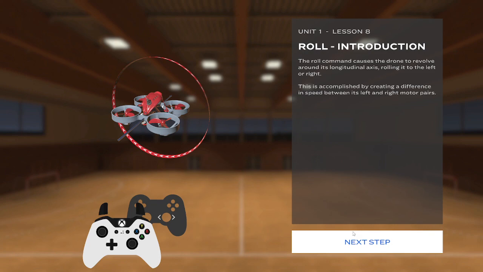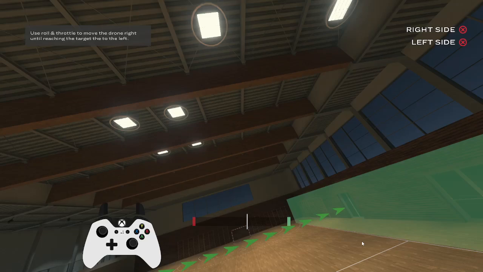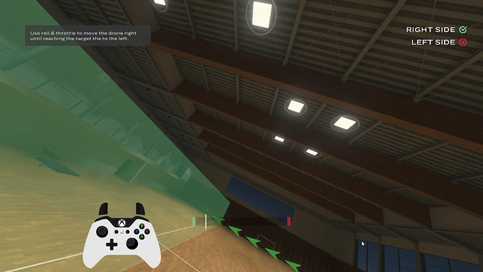Use roll and throttle to move the drone right until reaching the target to the left. I see. Oh, they want you to do it like this. That's weird. Going sideways without going forward.